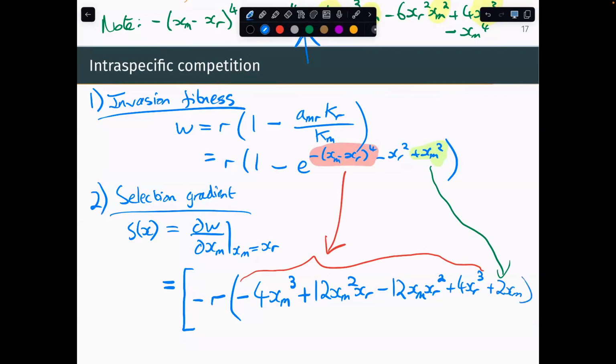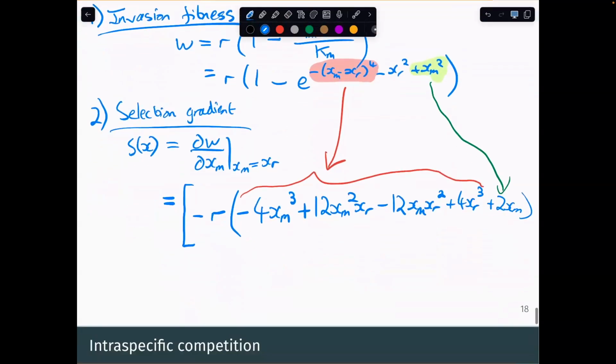So that is what's going to come all the way out the front of my exponent. And then this is going to be multiplied by my exponent, so my e to the minus xm minus xr to the power of 4 minus xr squared plus xm squared. And this is all going to be evaluated when xm is equal to xr.